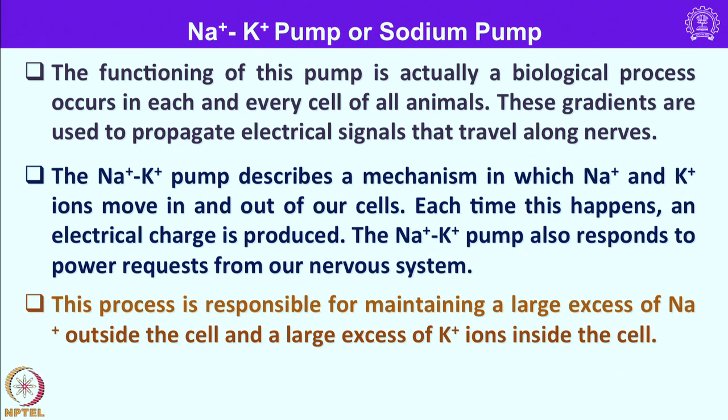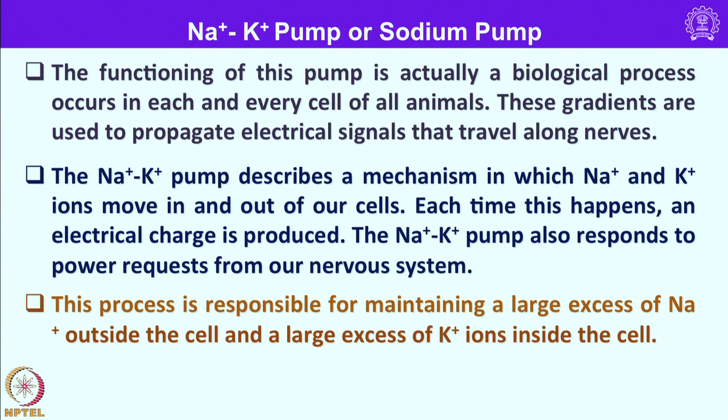These gradients are used to propagate electrical signals that travel along nerves. The sodium plus and potassium plus pump describes a mechanism in which sodium and potassium ions move in and out of our cells. Each time this happens, an electrical charge is produced. The sodium and potassium pump also responds to power requests from our nervous system.